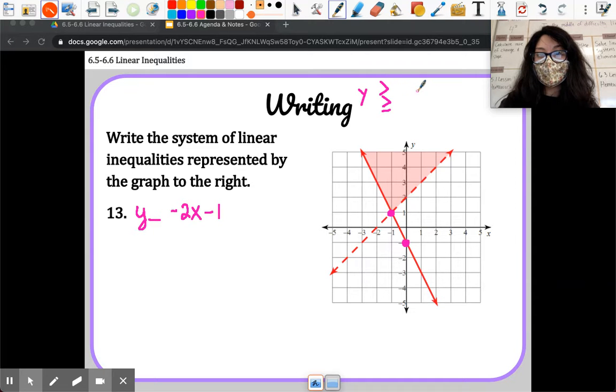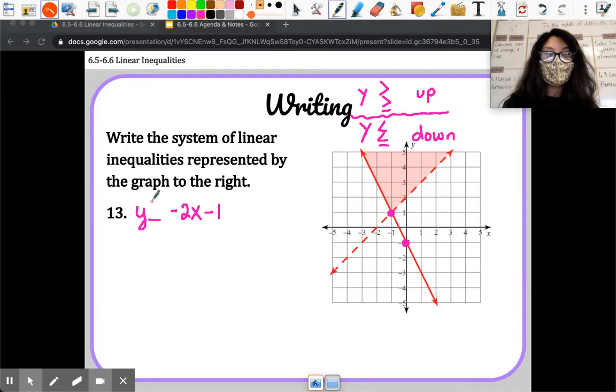If you had to move down, it's going to be some sort of less than symbol. So if I put my pencil somewhere on this boundary line near the shaded part, I would have to move up to reach that shaded region. So I want to pick a greater than symbol.